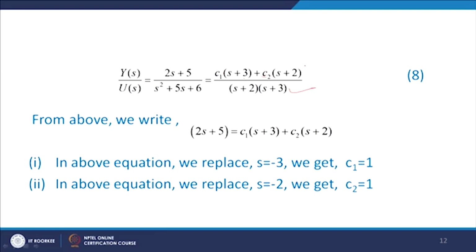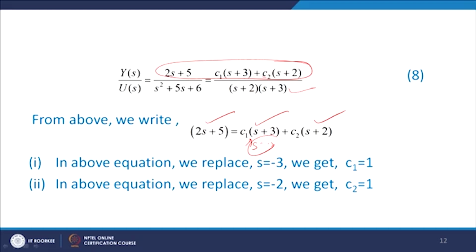Now we compare these equations. In this case we replace s equals minus 3 in this equation, so this term becomes 0. So we will get the value of c2 and finally we will get the value of c1.